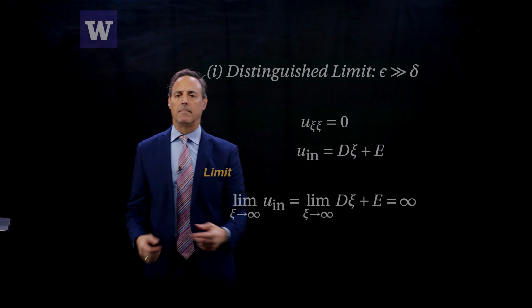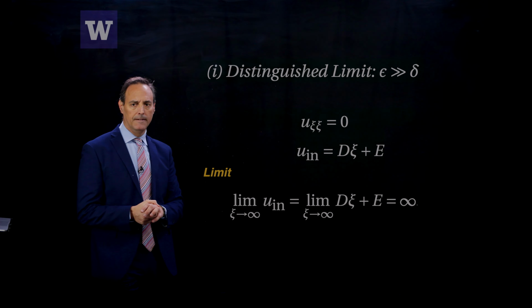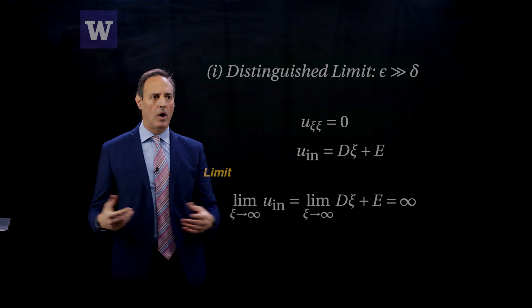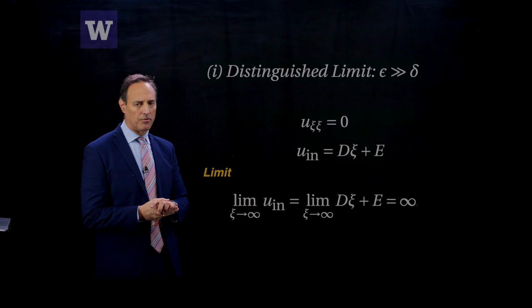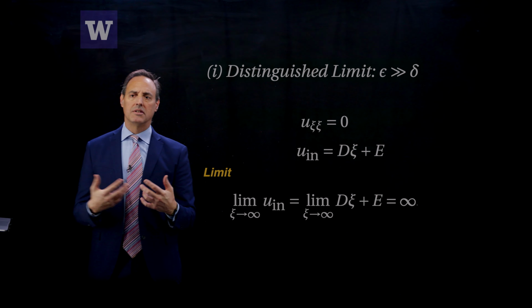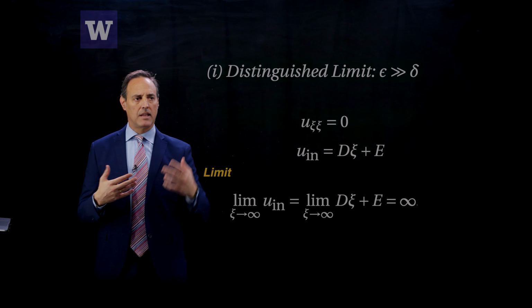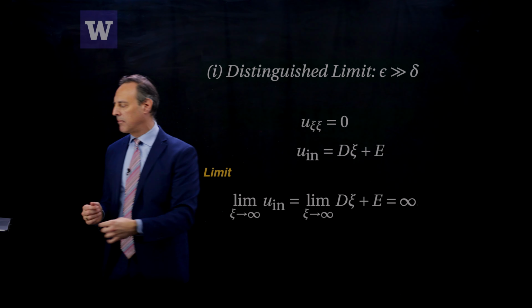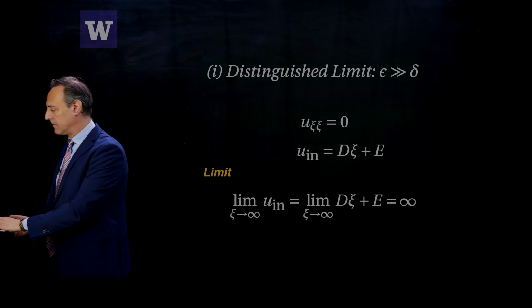This thing blows up. Okay? So that's problematic. So I don't want the solutions to be going to infinity. So I'm going to rule this out as the distinguishing limit. That's one. And it creates this problem, and so I don't want to use this one.